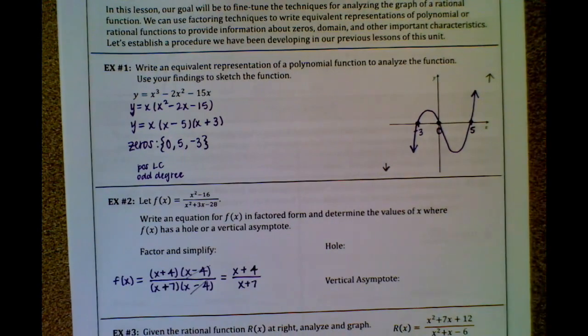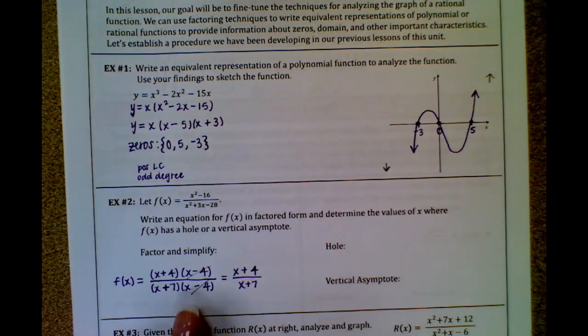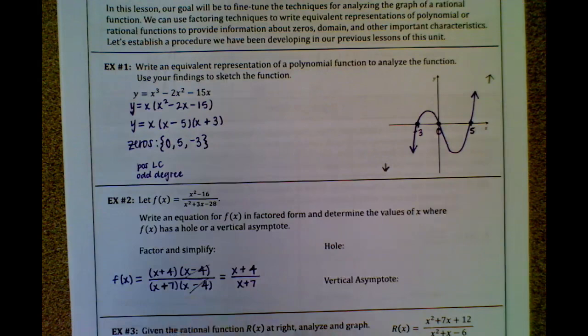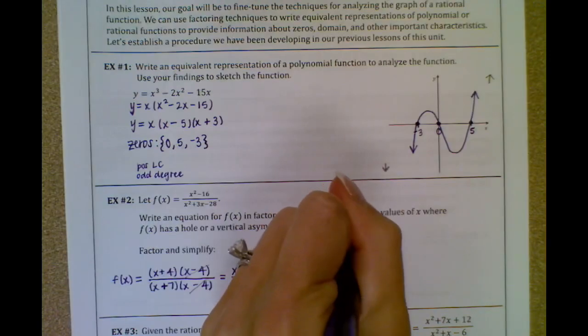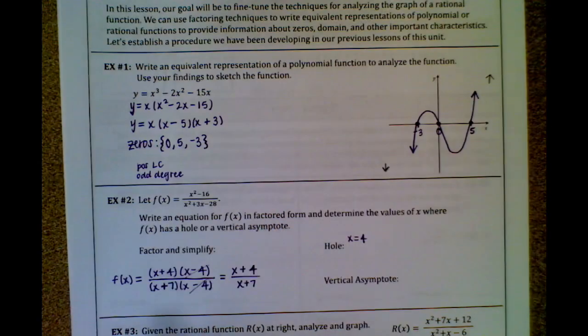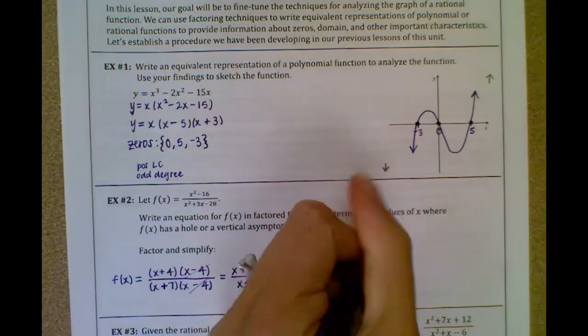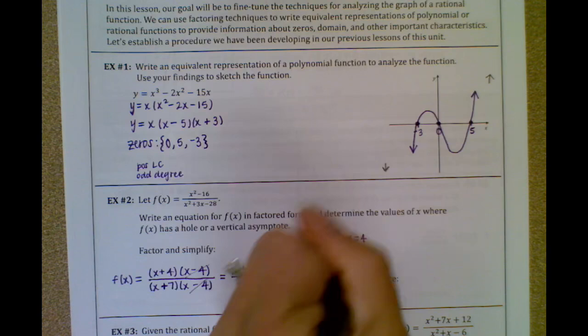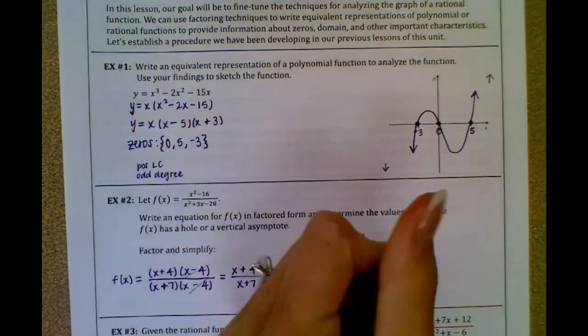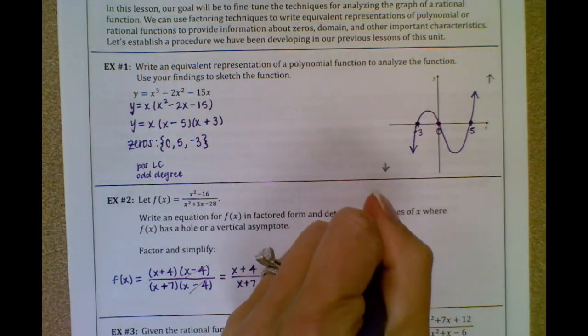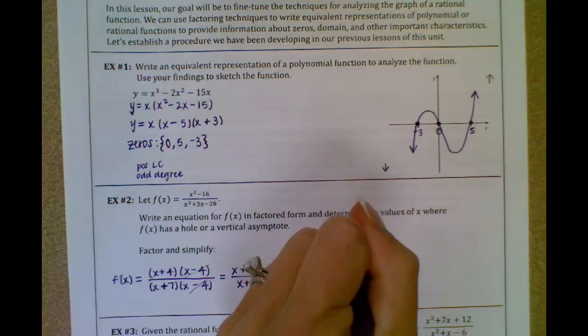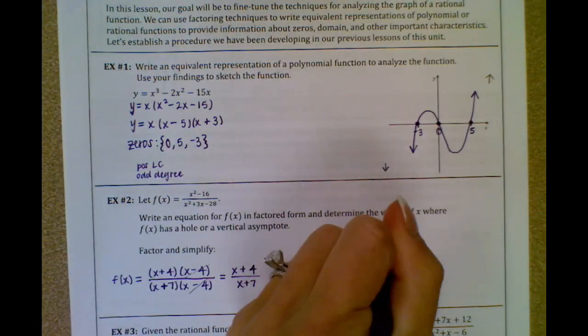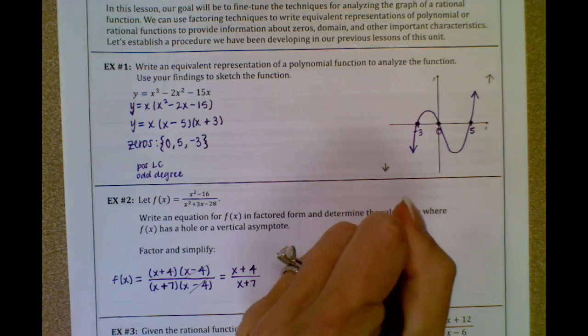Okay? All right, from there, I want to find the hole. So I know that the x value of the hole will be 4. Now to find the y value, I'm going to plug 4 into the simplified function. So y would equal 4 plus 4 over 4 plus 7, which is 8 over 11.